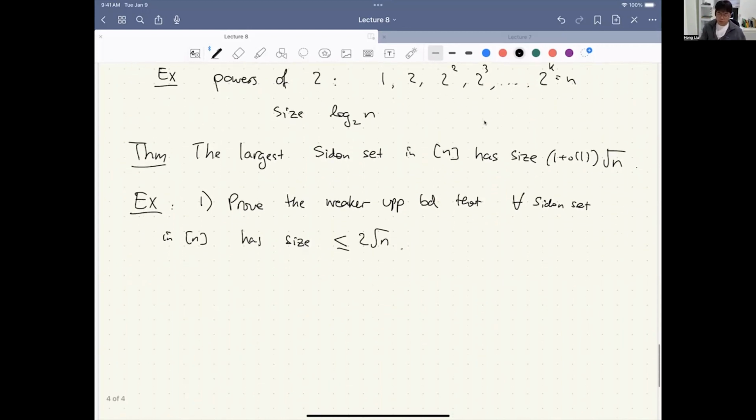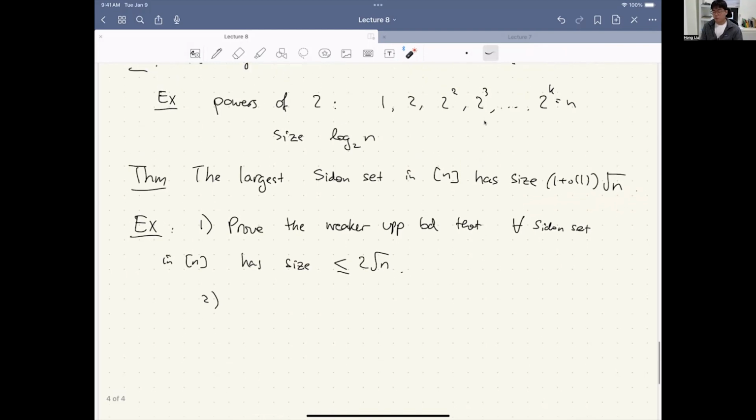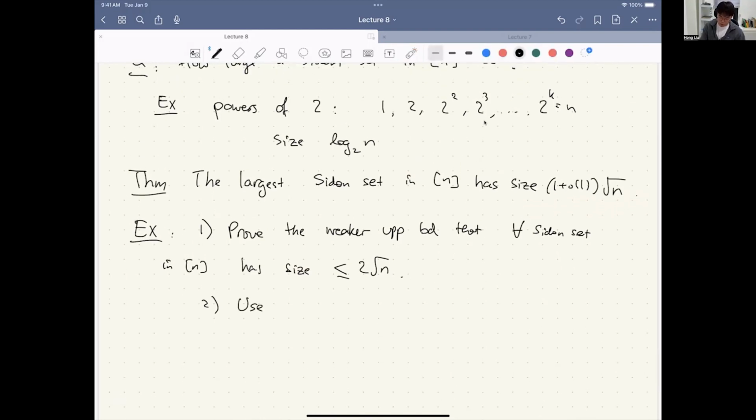The second exercise is, we know that there is a construction of Sidon sets of size square root n. We don't know what it looks like, but use that large Sidon set as a black box to construct C4-free graphs with m vertices and n to the 3/2 edges, using the theorem above.